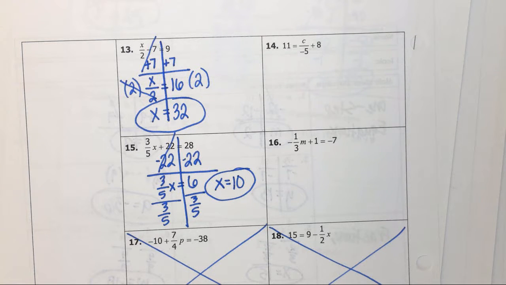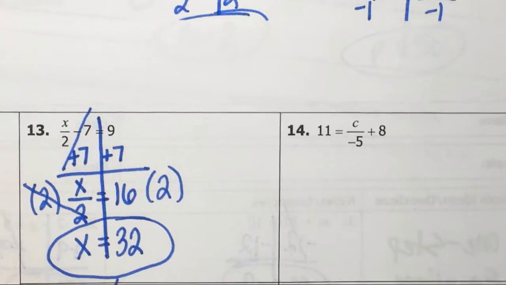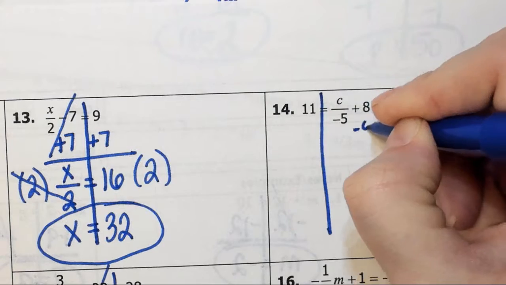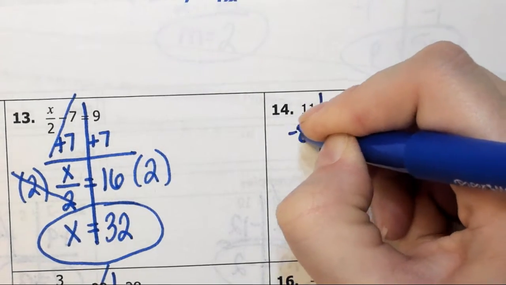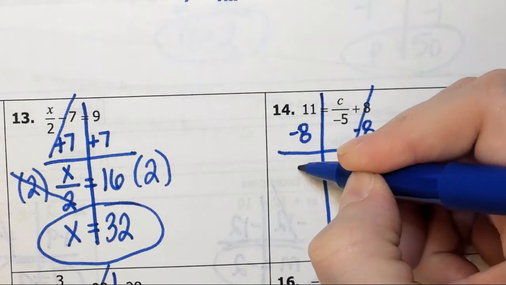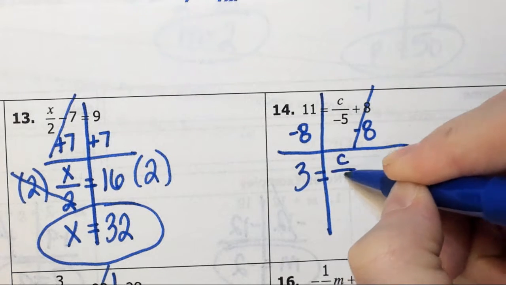Okay, let's look at 14. Number 14, what do I do first? Good. So on the left side, I have 11 minus 8, which is 3. And on the right side, C over negative 5.